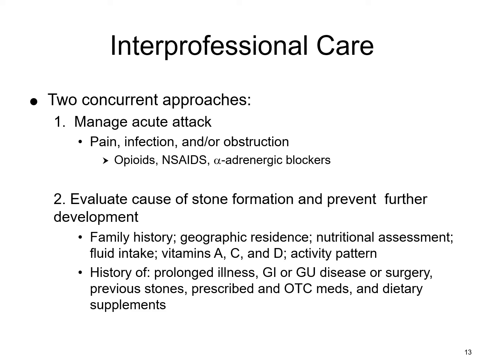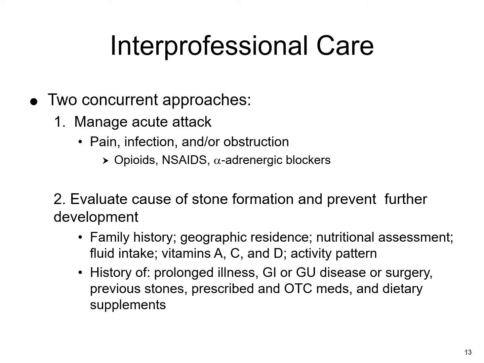So in terms of managing kidney stones, it's about managing the pain, right? First, we want to manage the acute pain. That's going to look like opioids, NSAIDs, or alpha-adrenergic blockers. So that's managing the acute attack. The second thing is we're going to evaluate the cause of the stone formation and prevent further development.